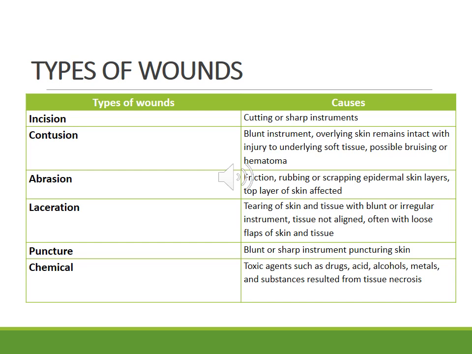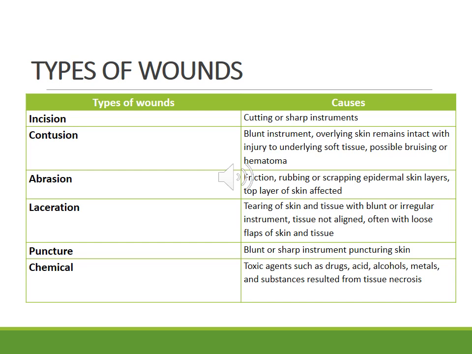A laceration is tearing of the skin and tissue with a blunt or irregular instrument. The tissue is not aligned, so we don't have that perfect cut like we would with an incision. We may often have some loose flaps of skin still hanging there with the tissue. A puncture is when we have some type of blunt or sharp instrument puncturing the skin.